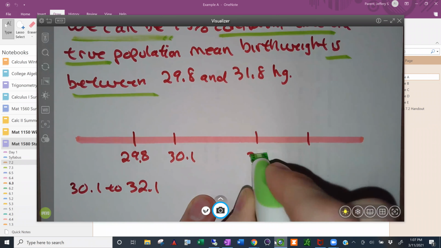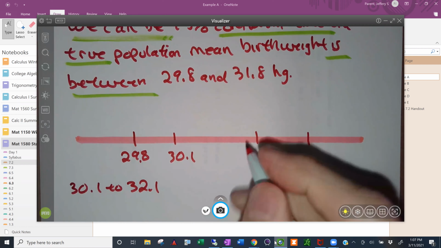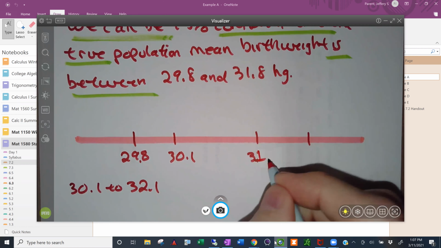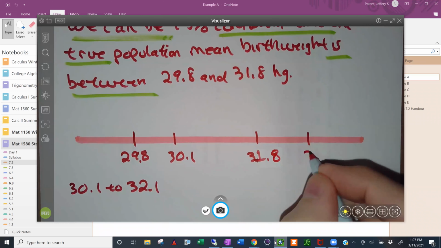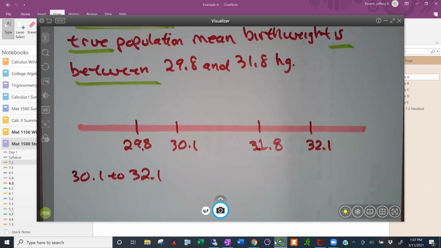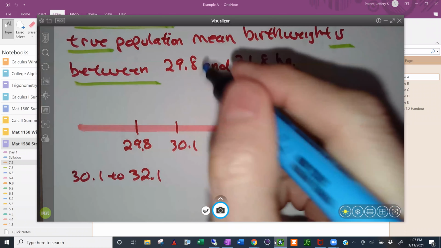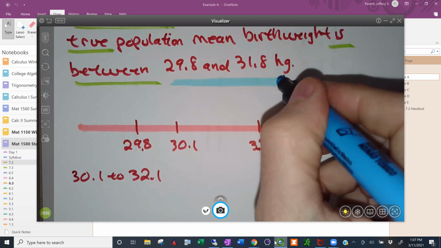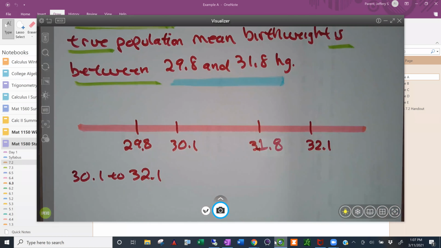All right, little Photoshop there. 31.8 and 32.1. So we'll look at these confidence intervals. I'll look at this one. I'll put in blue. And this one I'll put in green.